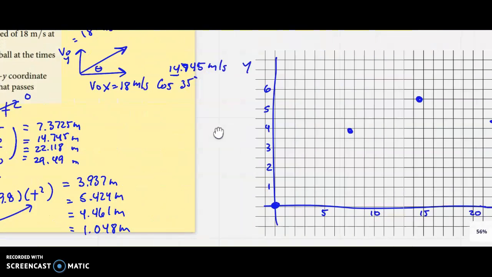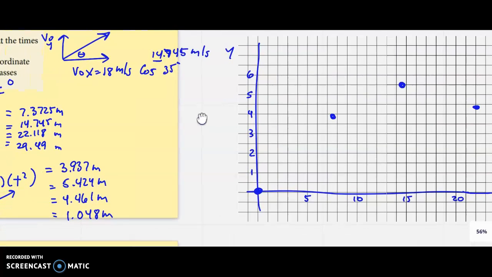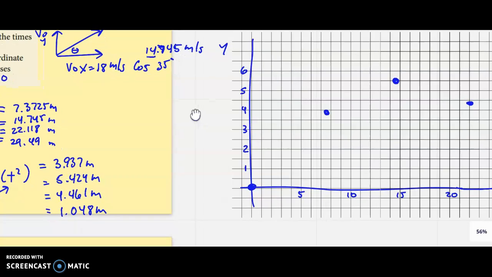Now, to save video time, I went ahead and made a plot of that, x versus y. So you can see this graph is the x's versus the y's. Here's your first x at 7.3, and here's your first y, 3.9, so there's that point, and then so on and so forth, 14, 5.4, there's that point.